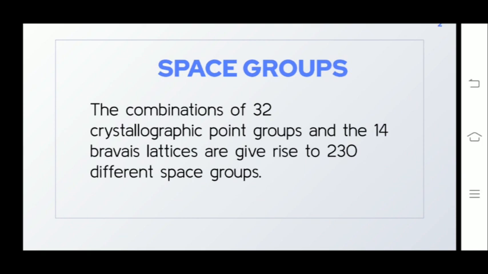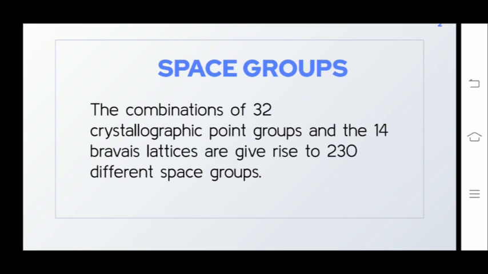The next is space groups. The combinations of 32 crystallographic point groups and the 14 Bravais lattices give rise to 230 different space groups. A given crystal structure and a given structure type will be described within a given space group.